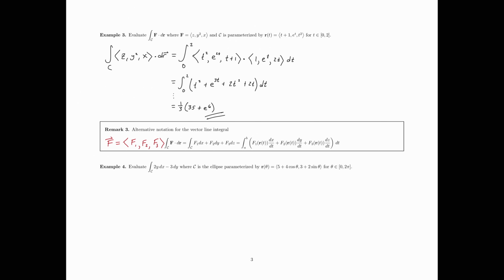So in example 4, we're given the vector line integral written in this alternate format. I do think it's worthwhile to be able to see how the two are equivalent.